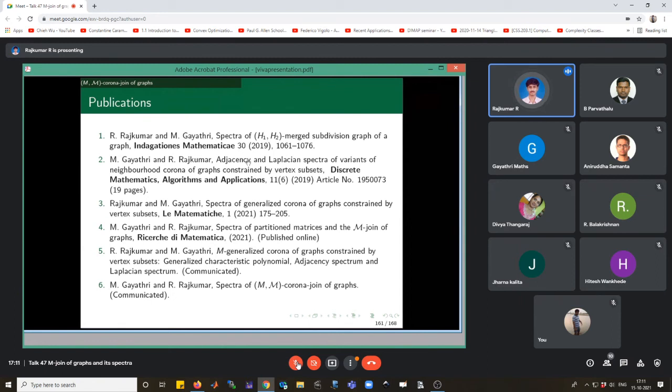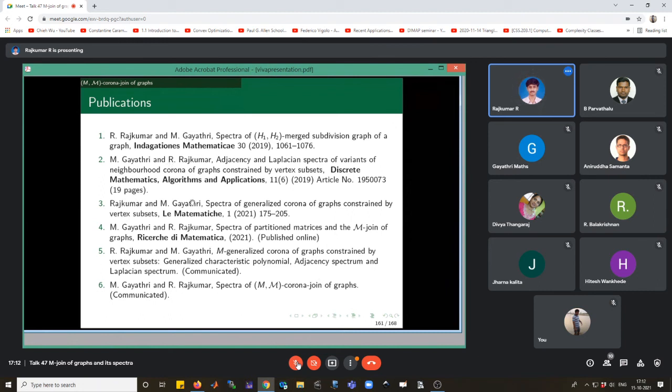It is already published. And the H1 H2 matrix subdivision results are available here. And the generalized Kronecker graphs constrained by vertex subsets are also published. And for the case of M generalized Kronecker graphs, this M comma M generalized Kronecker graph is also a generalization of this one.